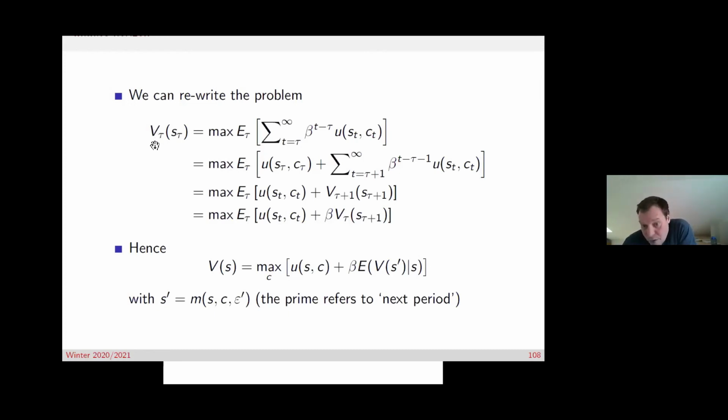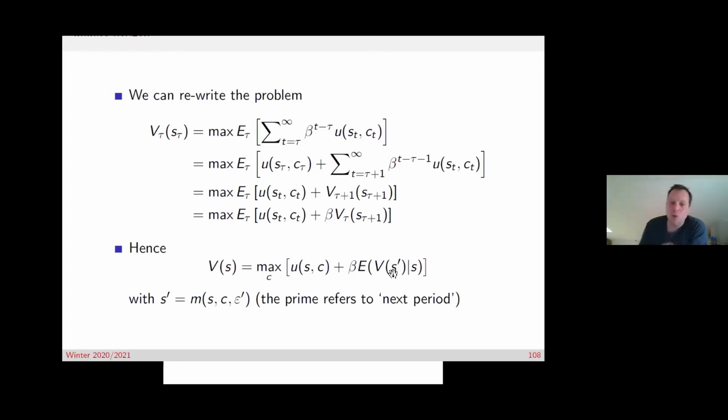Because this is a nice feature, we can just get rid of this time index and just write the value given that you are in state S, irrespectively of at which time you are, is just the maximum of the utility that you get of the contemporaneous objective, plus the discounted expected value as of tomorrow, where S prime is just the next period.